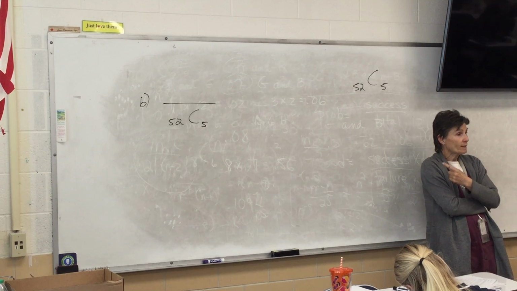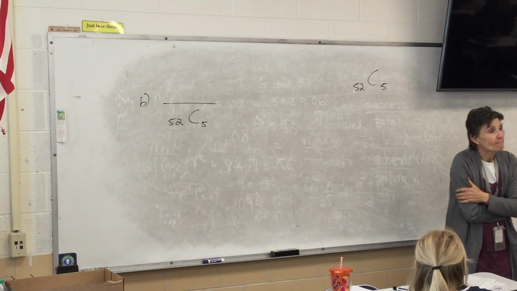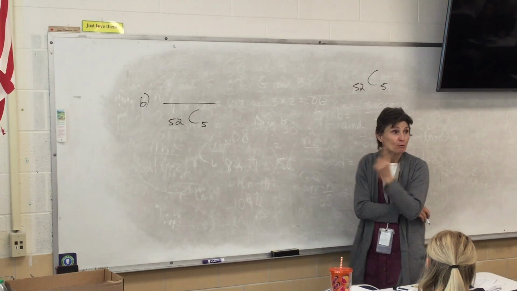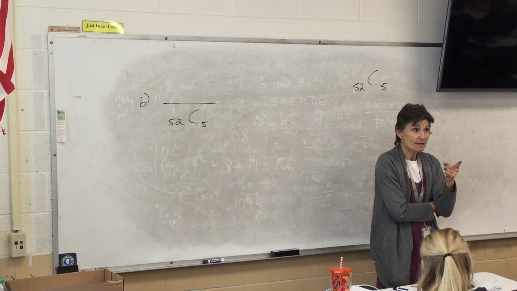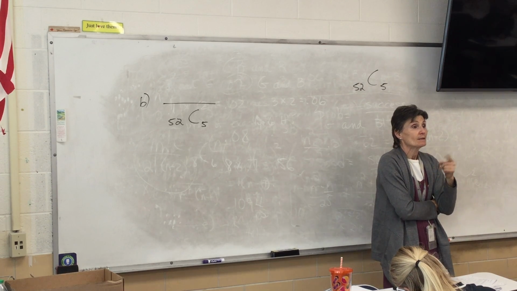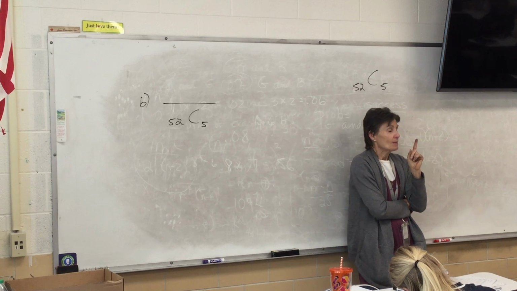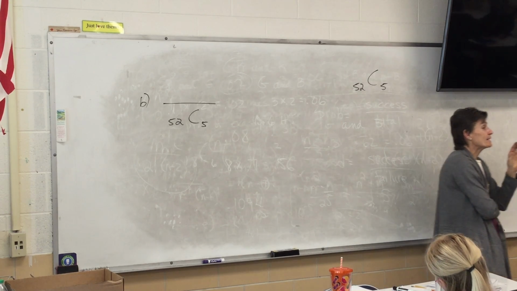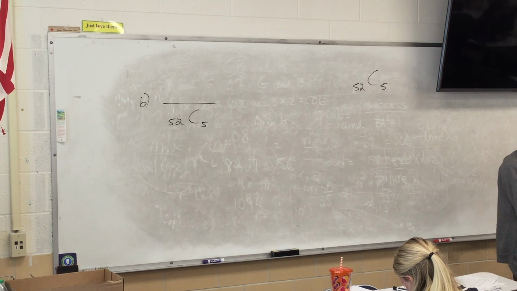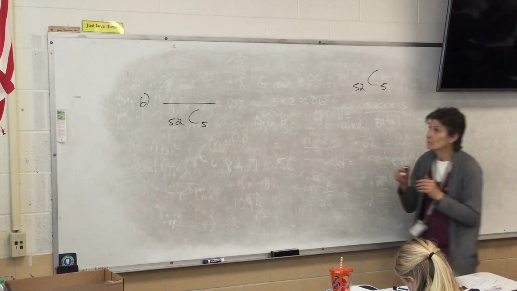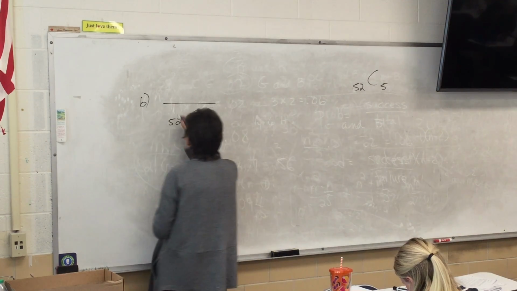Is it 13 on top? Well, it's not 13. It's 13 C5. Because if I want all diamonds, how many diamonds are there to pick from? 13. So here's my pile of diamonds, and I'm going to reach in and grab 5 of them, right? So my numerator is 13 C5.